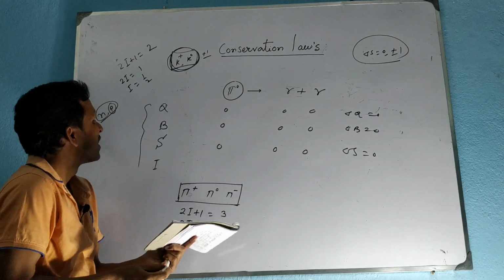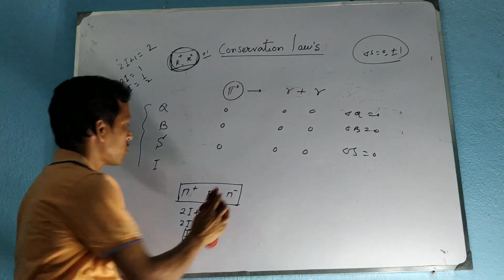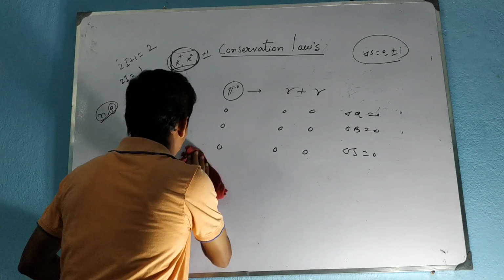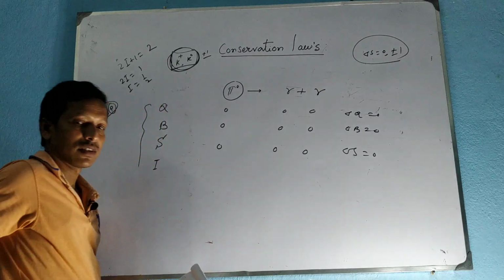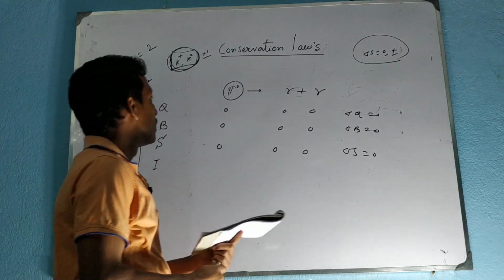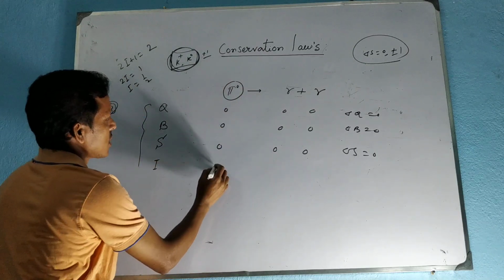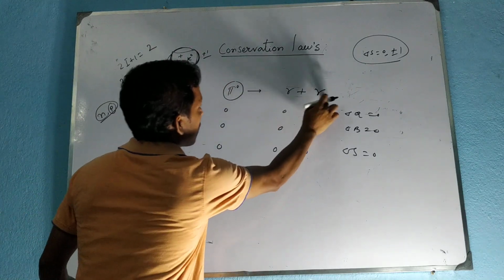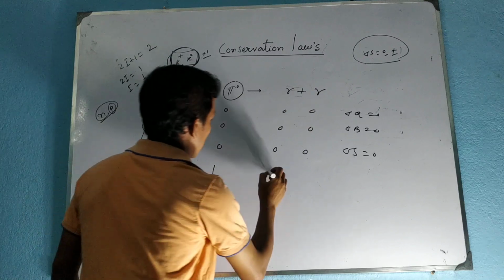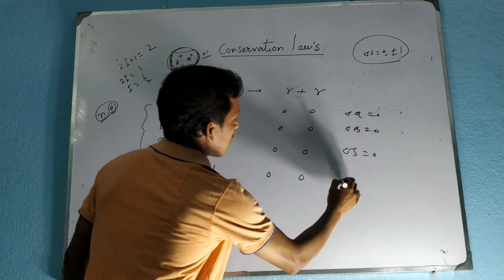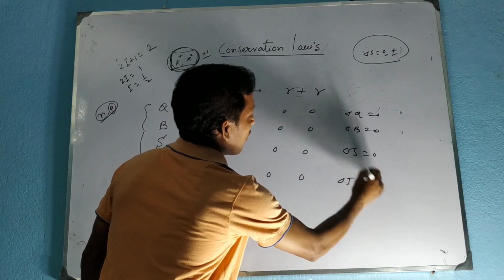So when the multiplicity is 2, then the isospin quantum number will be 1/2, but when the multiplicity is 3, then the isospin quantum number will be 1. So the isospin quantum number for pi 0 is 1, but the photon is not an isoparticle, so the isospin is 0. That means delta I3 is not equal to 0.